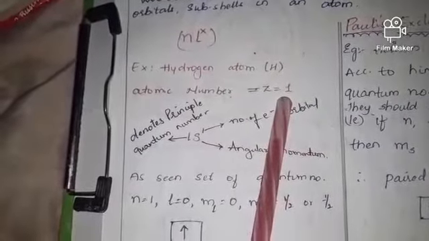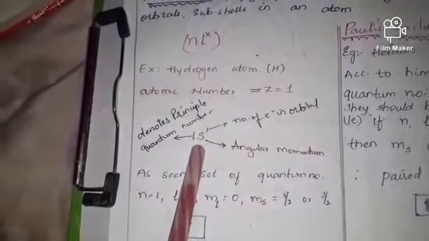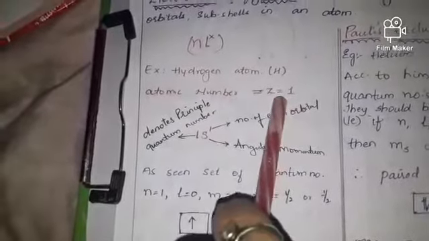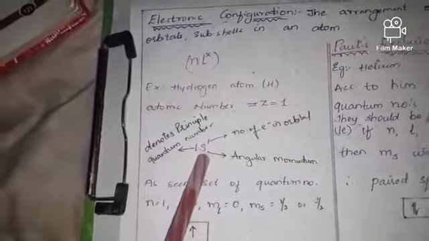So now the set of quantum numbers is n equal to 1, l equal to 0, ml equal to 0, ms equal to plus half or minus half. Your atomic number is given as 1, so 1 is the number of electrons present in the atom.